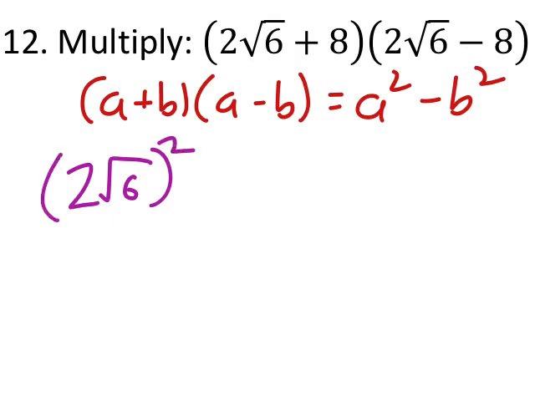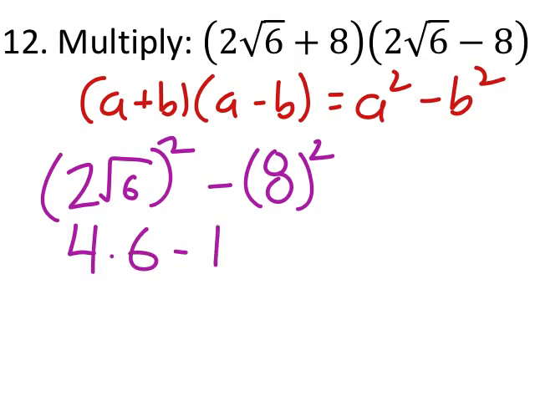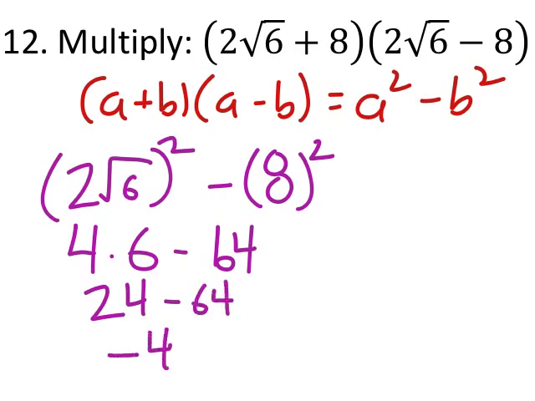Let's go and square that, then we'll subtract. That's an 8, which is the b value squared. So that would give us 4 times 6 minus 8 squared, which is 64. So 24 minus 64 gives us a negative 40. That's the answer.